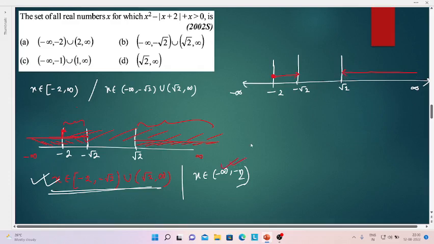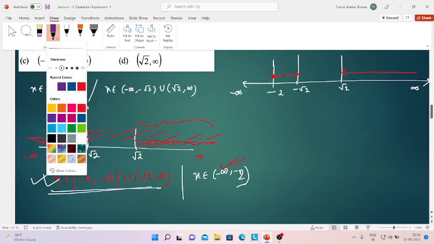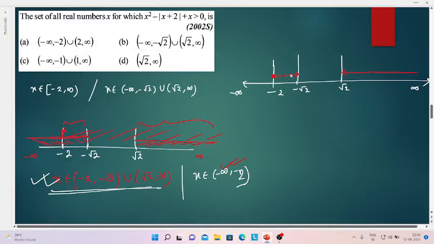For that case, we will have minus infinity to minus root 2, right? So let me use another pen, in that color. It is minus infinity to minus 2, right? So if I write it here, it will be minus infinity to minus 2. You can see we have to take the union, because this is also a solution, this is also a solution.